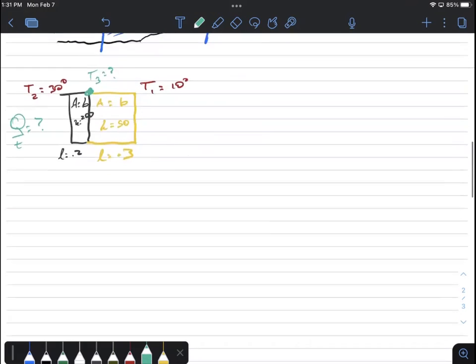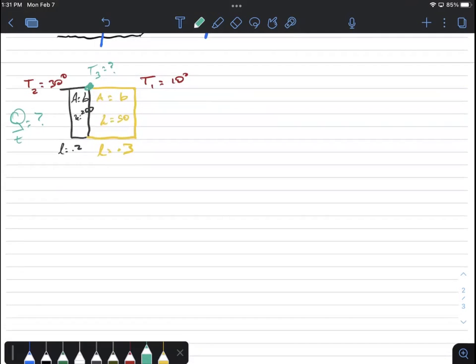Now, the way we're going to solve this problem is one method of solving it. There's a secondary method to solving these things, which in my experience has shown me students don't like the second way as much as the first way. Okay. The second way, I'll describe it. So if you want to use it, if you see it in a textbook or whatever, you're more than welcome to use it. But I'll do this one first, and this will be the way I'm going to do it for the class.